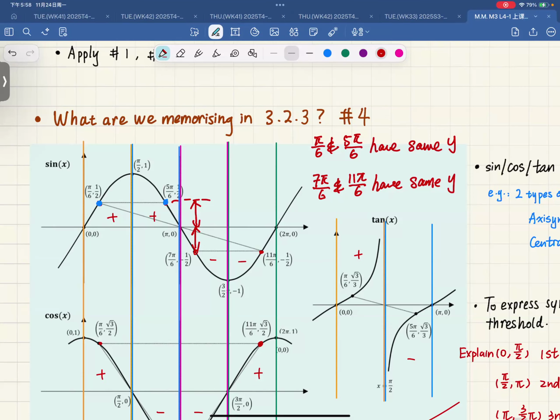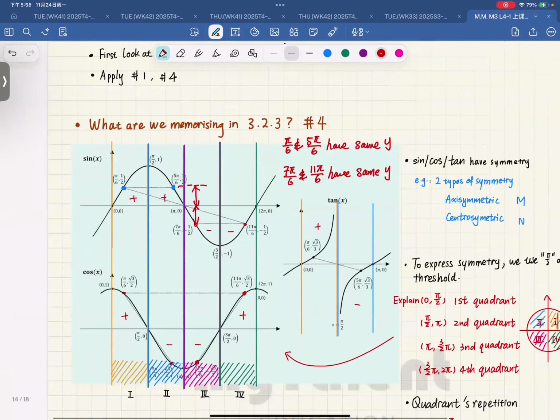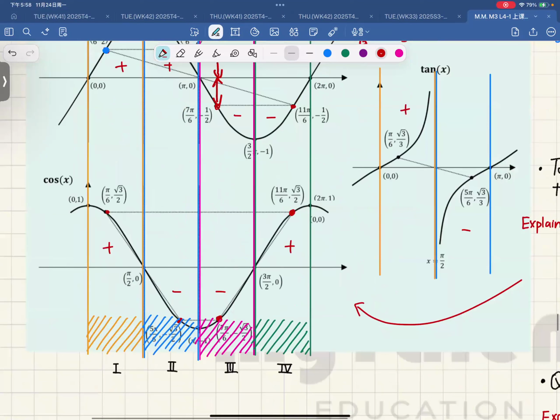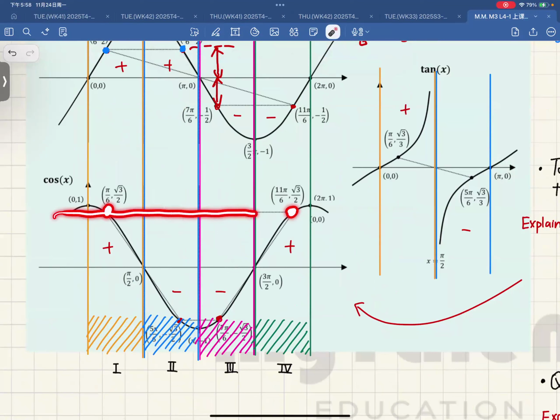Same with the cosine. This point and this point have different x values but the same y value. This point and this point have different x values but the same y value.